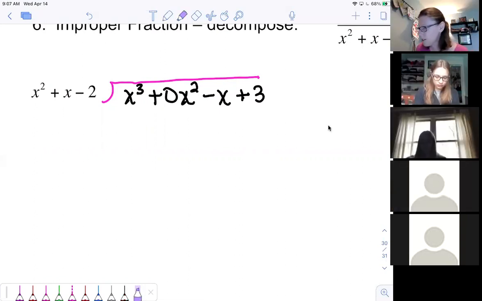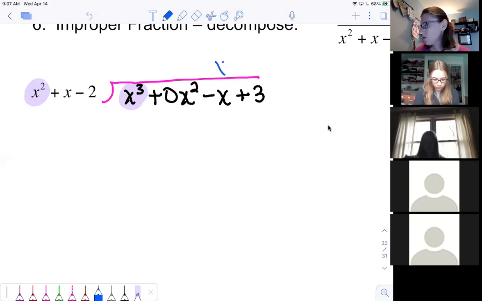Yeah, that's exactly right. So only looking at x squared, only looking at x cubed. One term at a time. So Peter, how many times or what would you multiply x squared by to make it x cubed? You would multiply it by x.